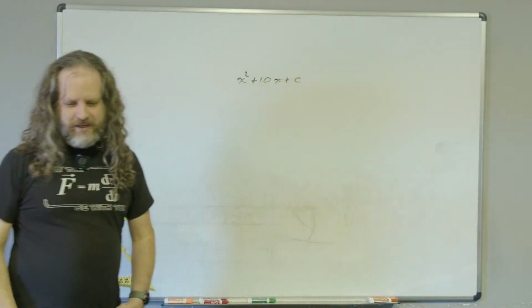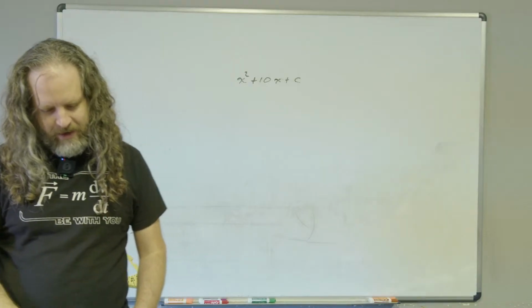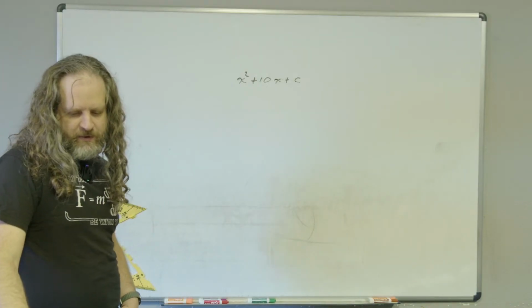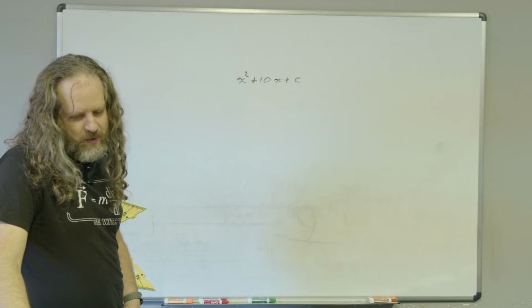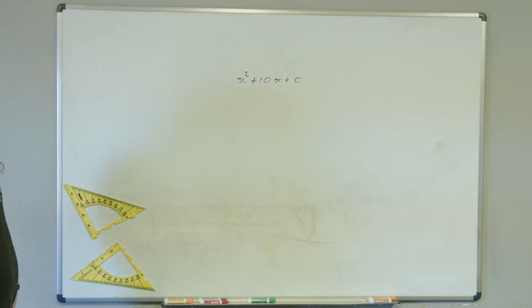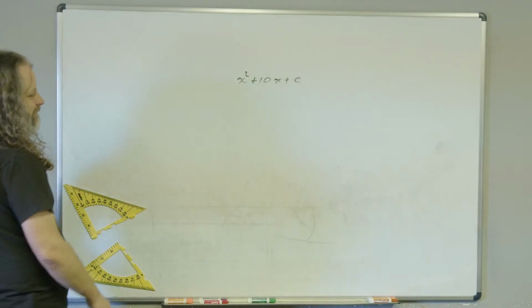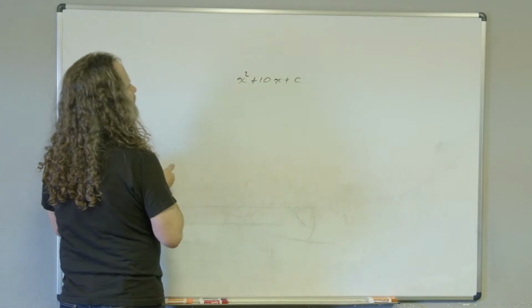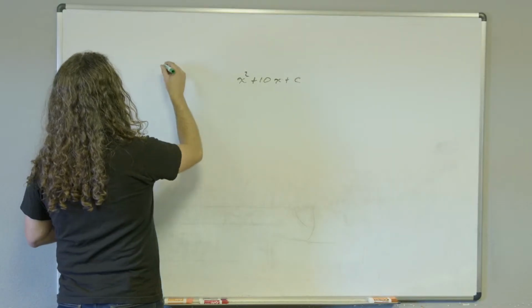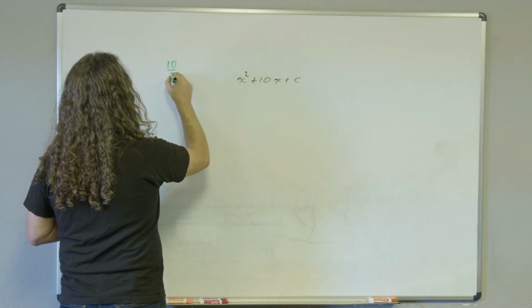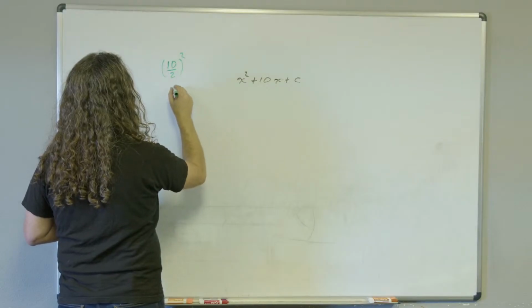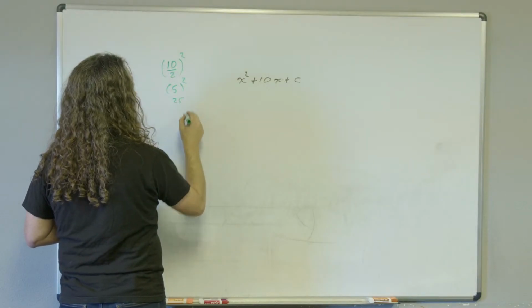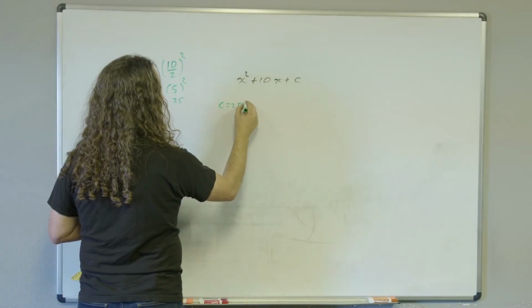So the instructions say, find the value of c that makes each trinomial a perfect square, then write the trinomial as a perfect square. So what are we doing? Just the green part, right? That's all we're doing. 10 divided by 2 squared. 5 squared is 25. So c equals 25.